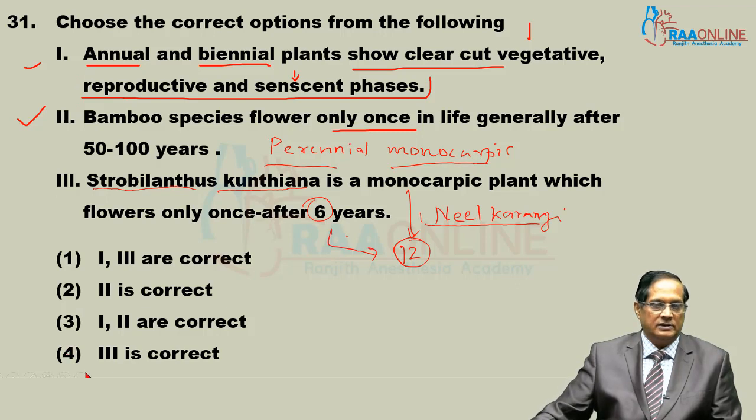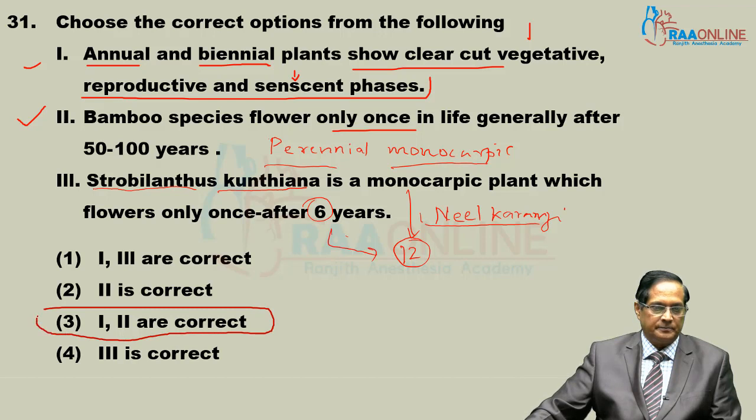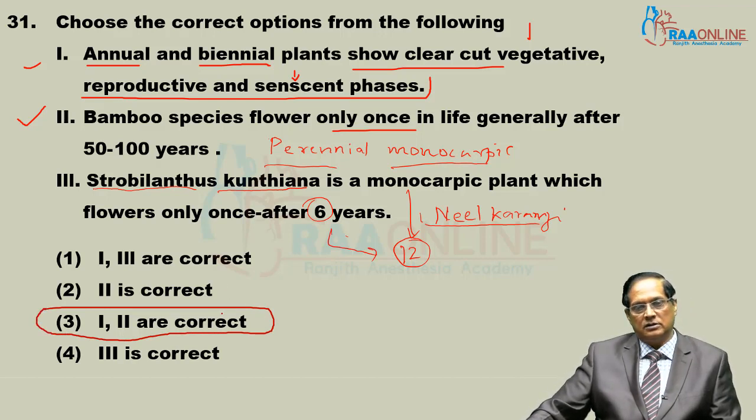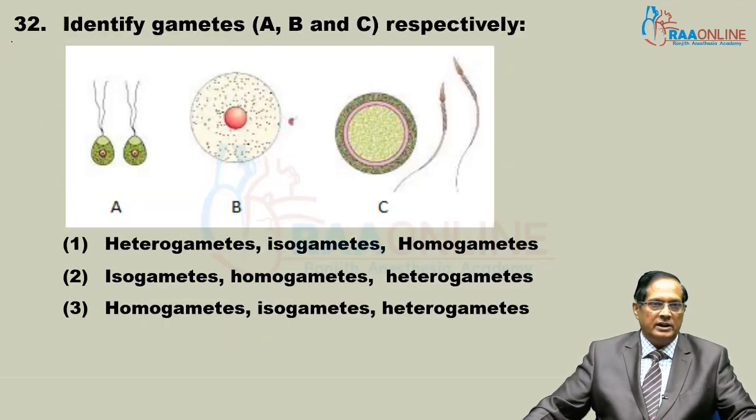First two statements are right. So the answer is 1 and 2 are correct. Third is wrong. Then identify gametes. First one, isogametes.